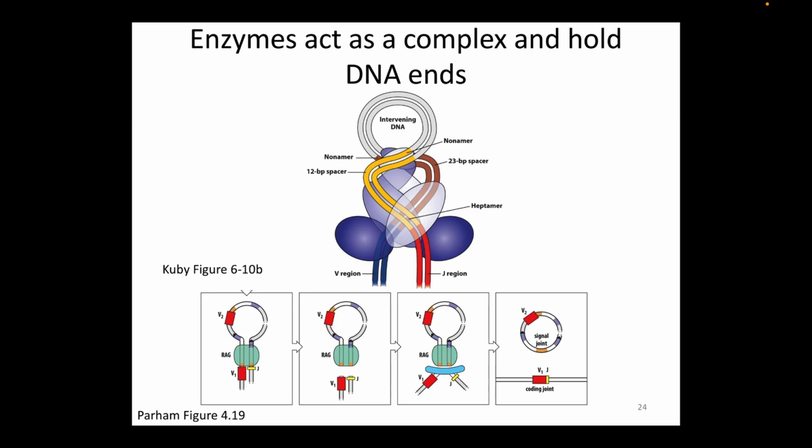What that means is that they are able to hold the DNA ends and not let those DNA ends start to move around the nucleus and potentially interact with other DNA. We're not going to see chemical reactions with other random pieces of DNA because RAG1 and RAG2 are holding all of the DNA that we're working with very close together.